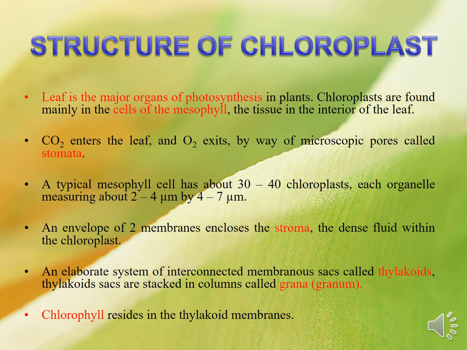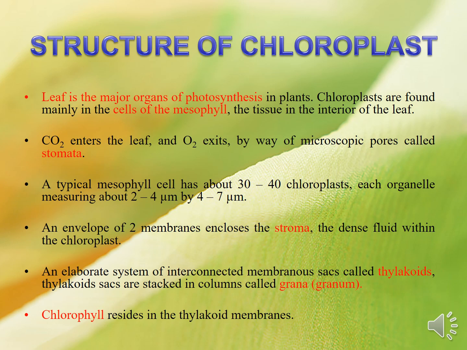Now we look at the structure of the chloroplast. The main area, of course, is the leaf. Why the leaf? Because the leaf is the major organ for photosynthesis. Inside the leaf, we have the chloroplast. We can find the chloroplast embedded in the mesophyll, and most of the mesophyll is in the internal area of the leaf.